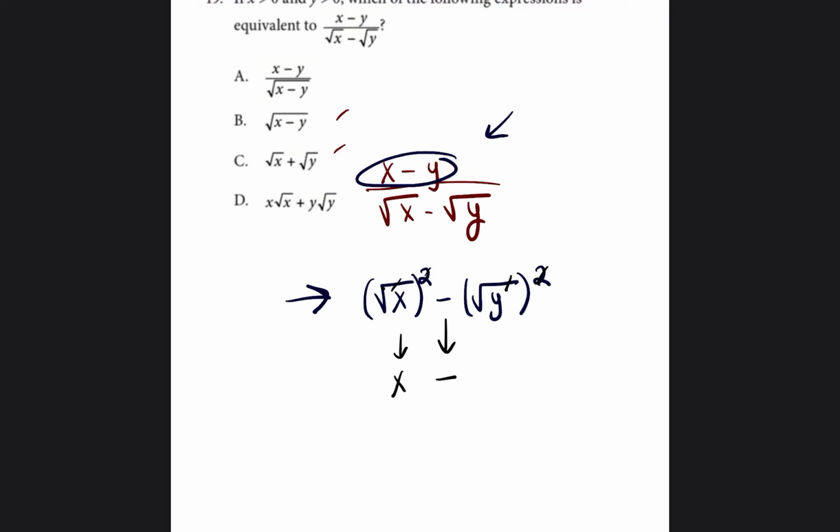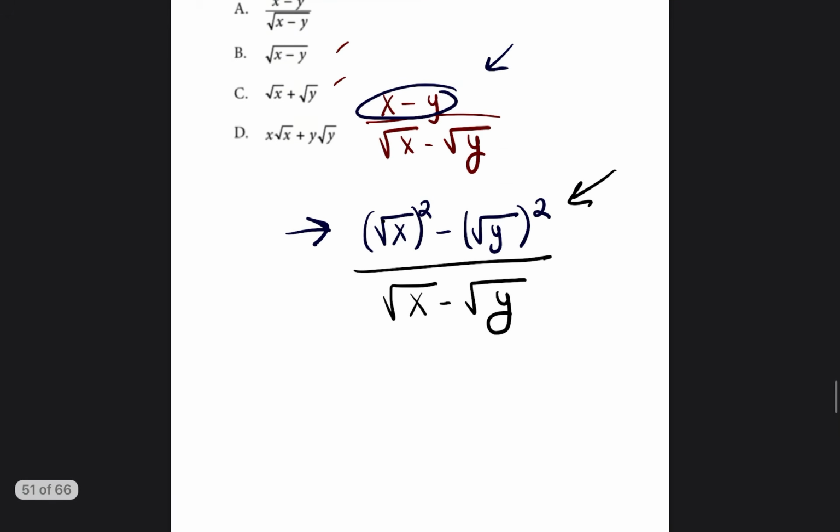Now I'm going to show you why they want us to do that. If we write it this way, when we put it over the square root of x minus the square root of y, there's a possibility for us to now factor the top. So we want to separate this by showing that it's a difference of squares.